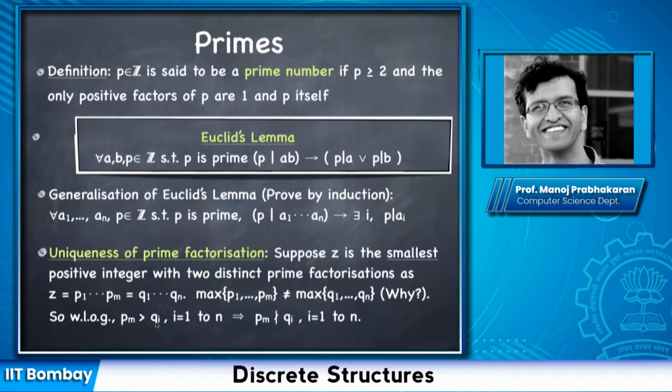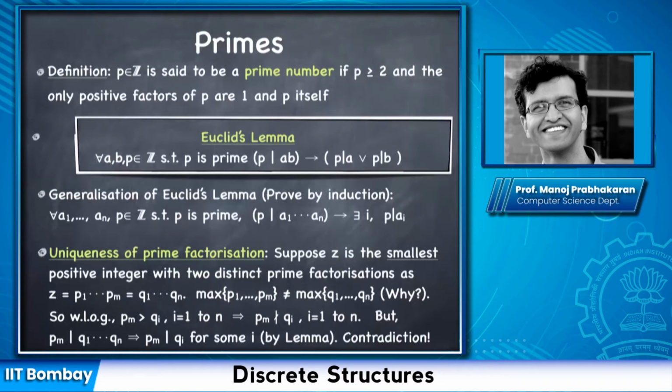Which means pm, if it's greater than these numbers, cannot divide any of these numbers. Remember, these are all positive numbers, so their divisors are all less than or equal to themselves. So you cannot have pm be a divisor of any of these qi. So pm doesn't divide any of these qi.